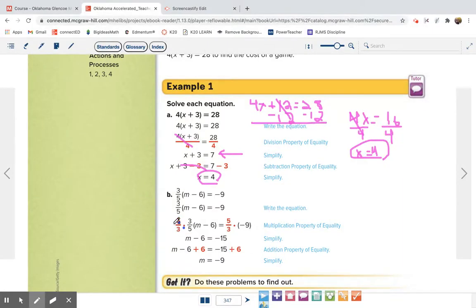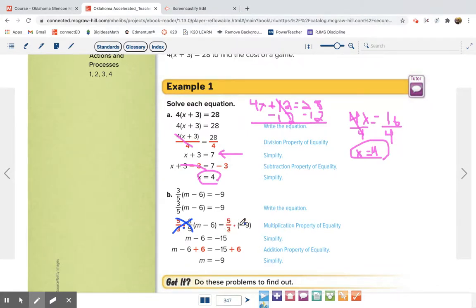We flip it and multiply both sides of the equal sign now by 5/3. When we do, that cancels this because 5 times 3 is 15, 3 times 5 is 15, 15 over 15 is 1. Well, 1 times anything is just itself. That's why it cancels. So I'm left with m minus 6 on this side equals, then we have to multiply this side.